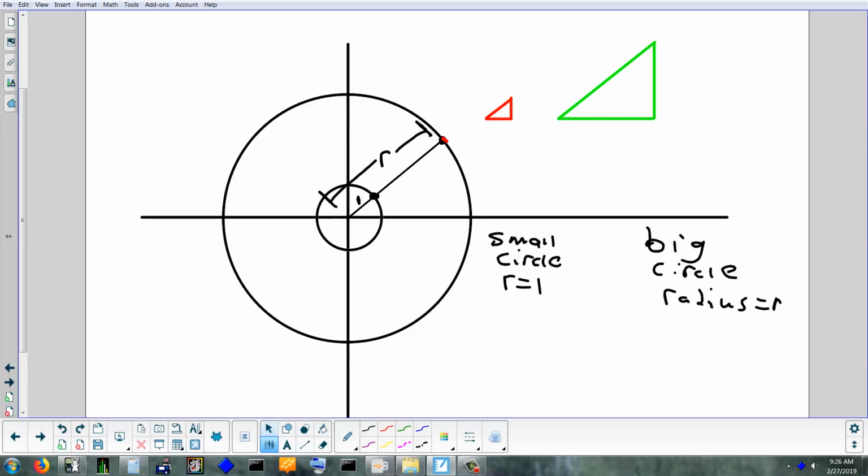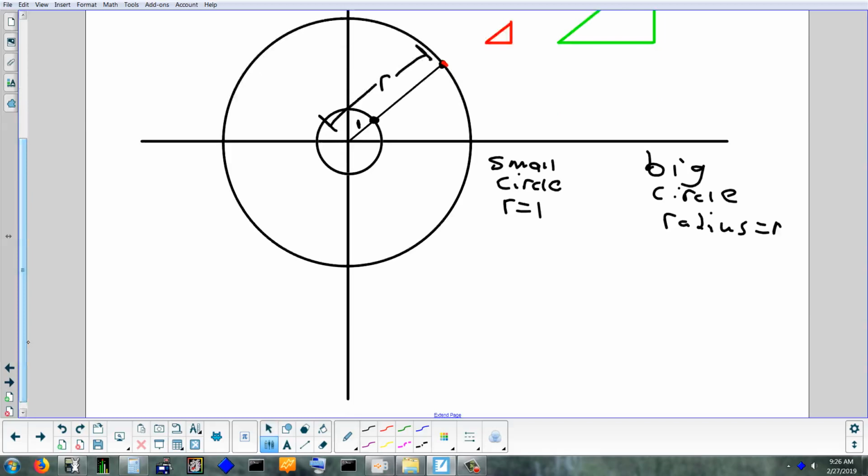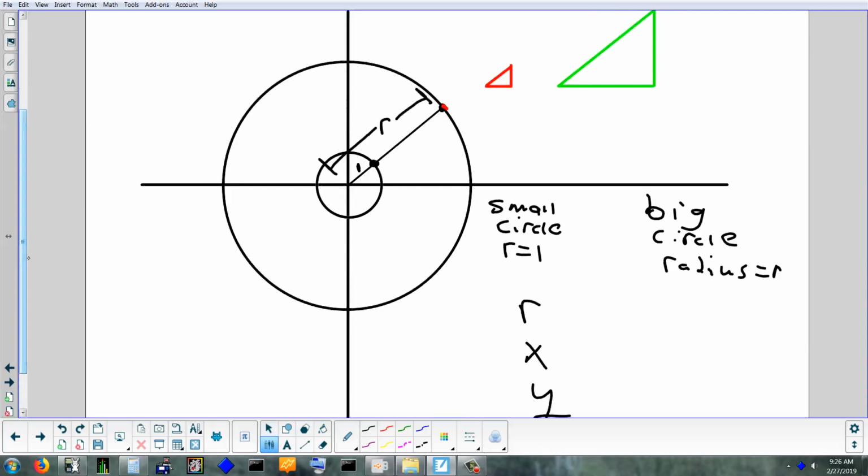So, there's 3 things we have to look at. We have to look at r, x, and y, right? If you think about the triangle, if I drew it, the triangle would have 3 things.